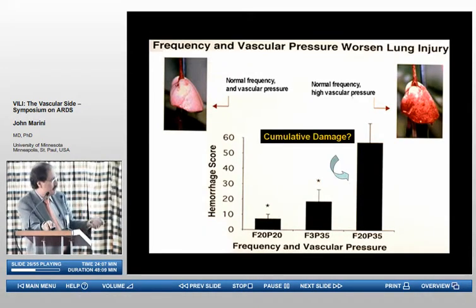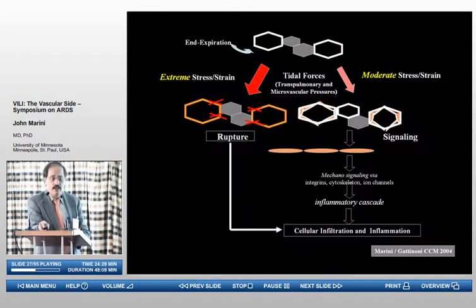A third possibility, and I still think this is an important one, is cumulative damage. It could be that we injure and then it takes multiple cycles that accumulate in their effect, and maybe we cross a threshold of either structural integrity or an inflammatory boundary, and we have a tear-away exponential process.